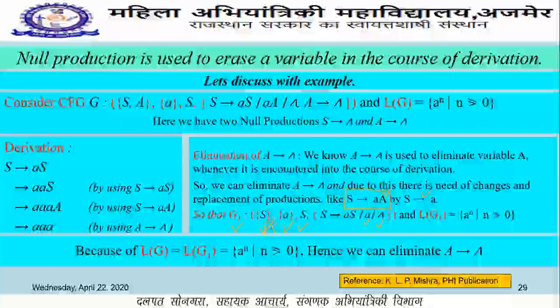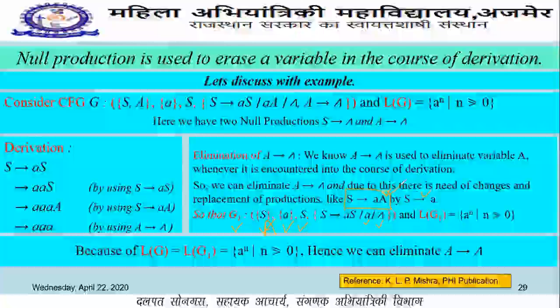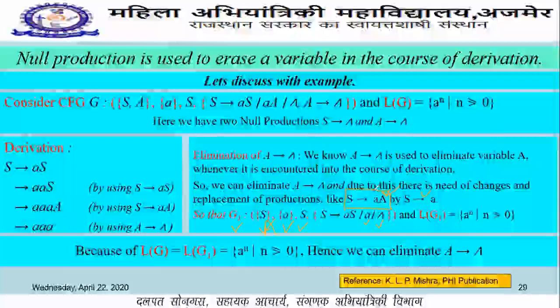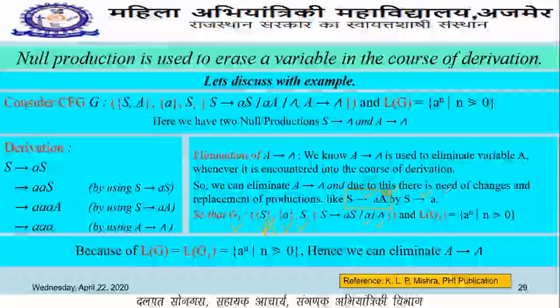It is not always like this. Here A will not be included, but sometimes we have to include it in this format. Both can be included, but it totally depends on the grammar.